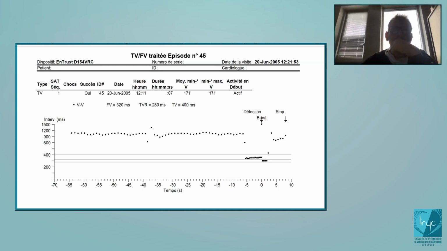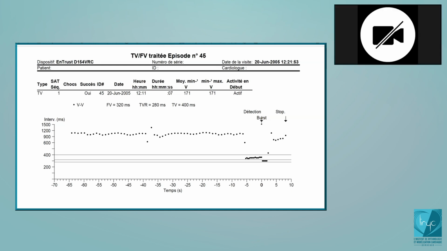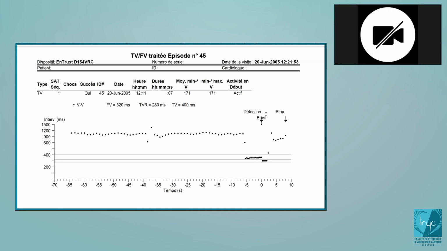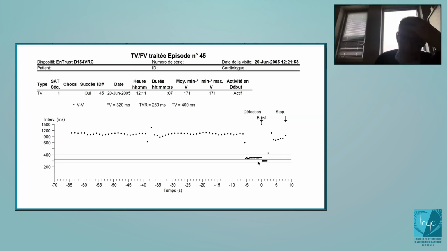The beginning of the tracing is probably sinus rhythm, and we can see a brutal acceleration within the first VT zone, which is very regular, which is okay for the diagnosis of VT. And then we have the detection, diagnosis of VT, and the first therapy is a burst, which is efficient.